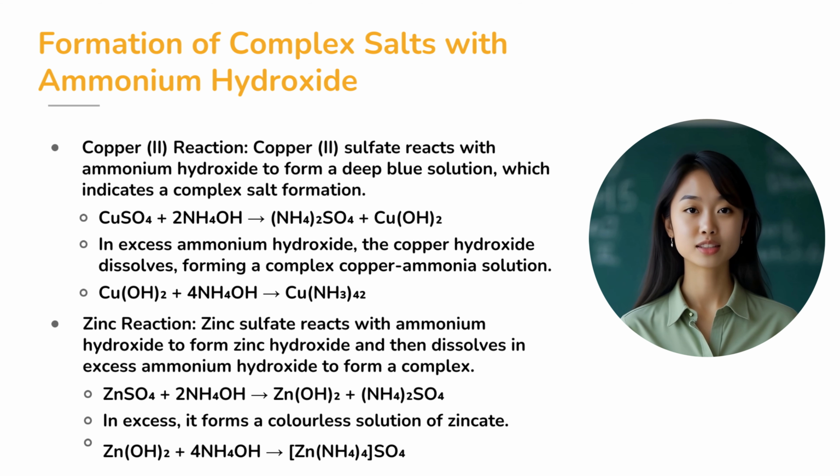The reaction is copper sulfate, CuSO4, reacts with ammonium hydroxide, NH4OH, to form copper hydroxide, Cu(OH)2, and ammonium sulfate, (NH4)2SO4. With excess ammonium hydroxide, copper hydroxide dissolves and forms a complex salt, the copper-ammonia complex, [Cu(NH3)4]SO4.